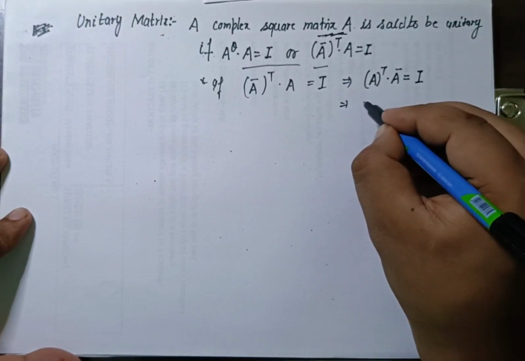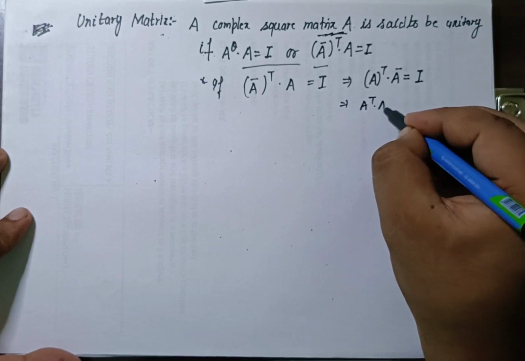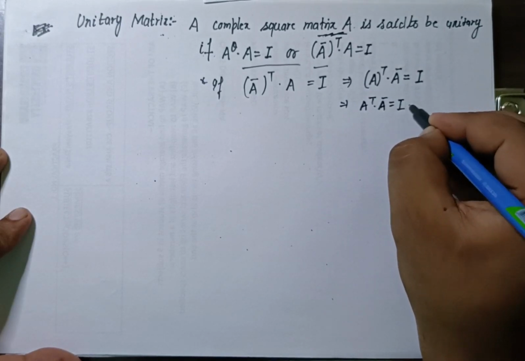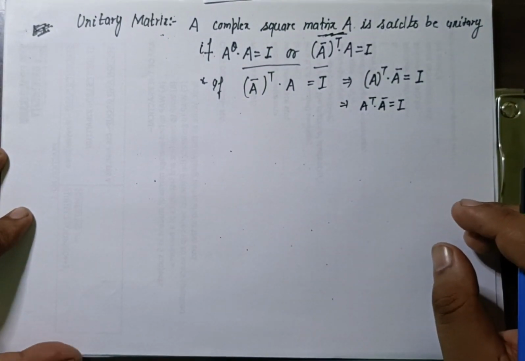So this implies that A transpose into A conjugate is equal to identity. In the case of a unitary matrix, you can also see this definition.